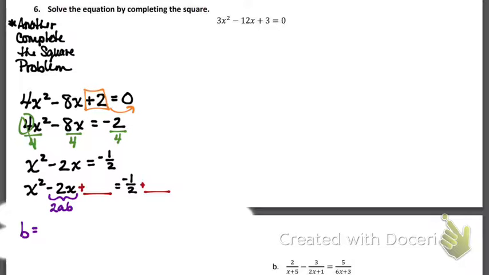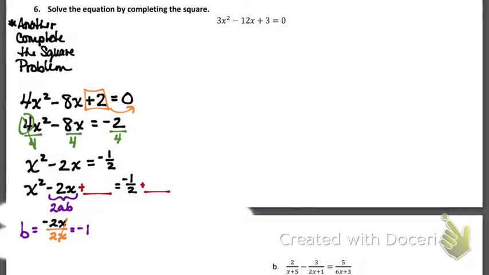If I want just B, I need to divide that by 2 and by A. So I'm going to take negative 2x. I'm going to divide that by 2x. I'm always dividing by 2. I'm not dividing by 2 here because I had a 2 in my numerator. I'm always cutting it in half. So that's going to cancel. So my B value is negative 1 here.